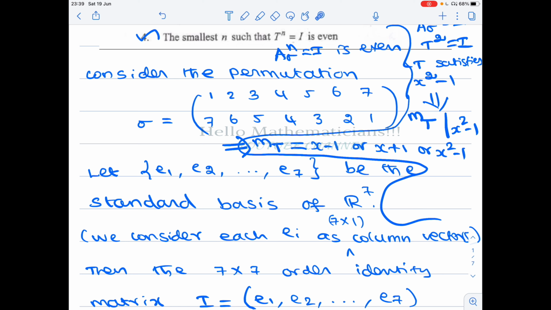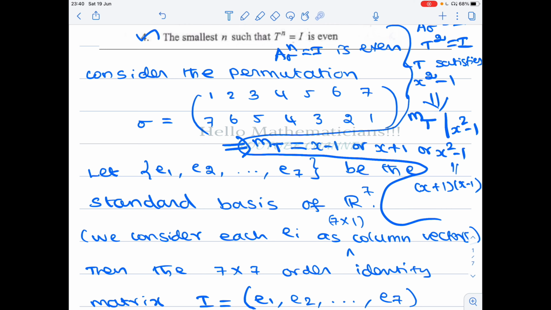But in all these cases, the minimal polynomial is a product of distinct linear factors, because x squared minus 1 is equal to x plus 1 into x minus 1.